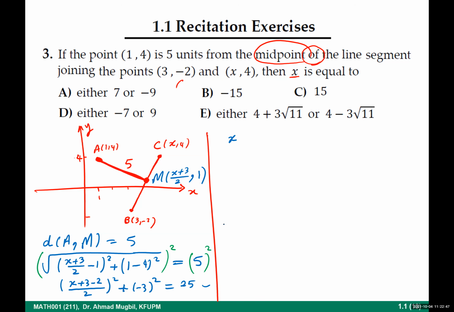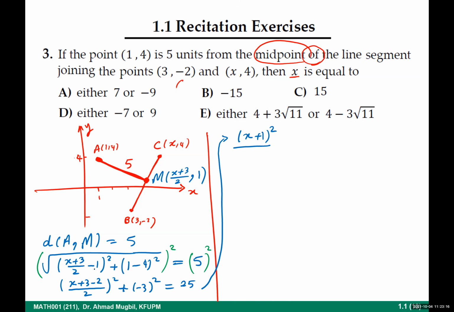Let's continue here. It will be x plus 3 over 2 minus 1.